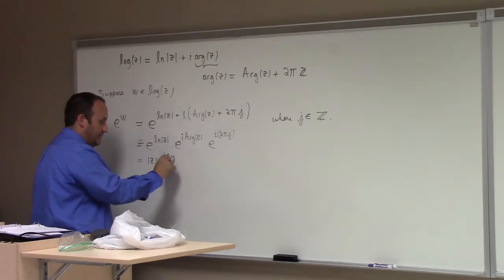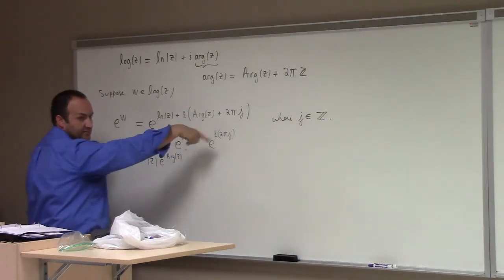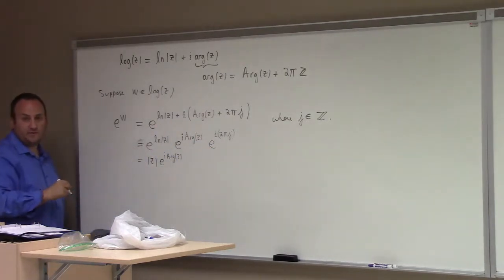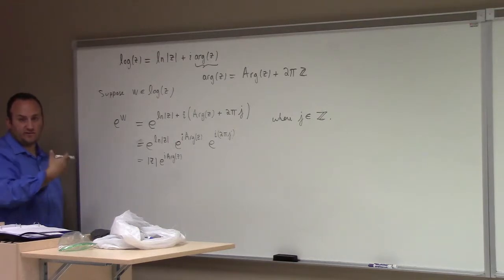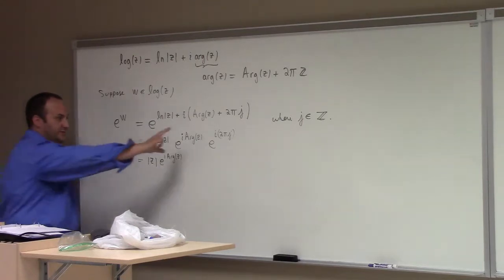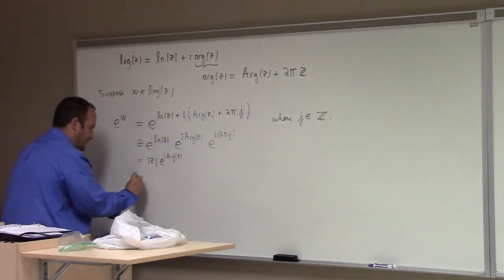What do we got then? What about this? Well, that's 1, because any 2 pi multiple fed into the imaginary exponential gives you cosines and sines of multiples of 2 pi, where the cosine is 1 and the sine is 0. So this just reduces to 1, and we're left with z.